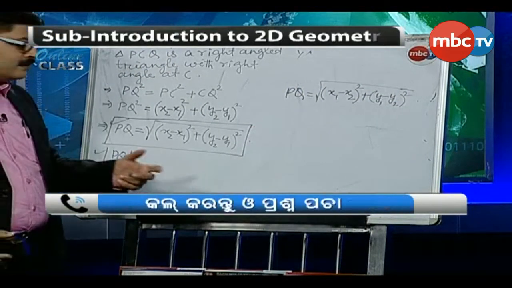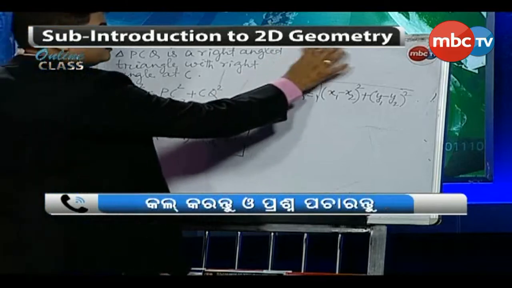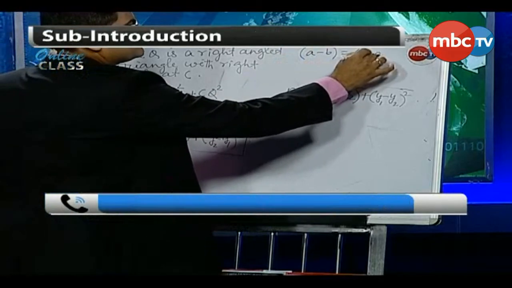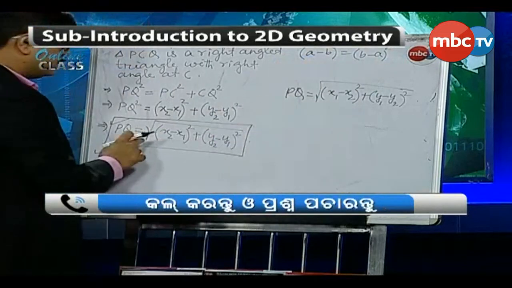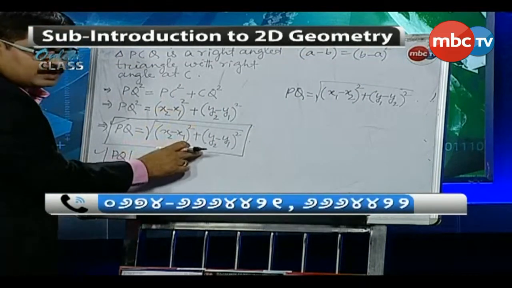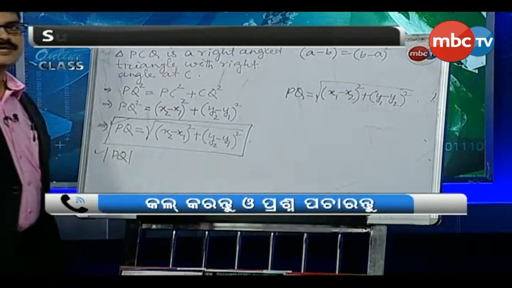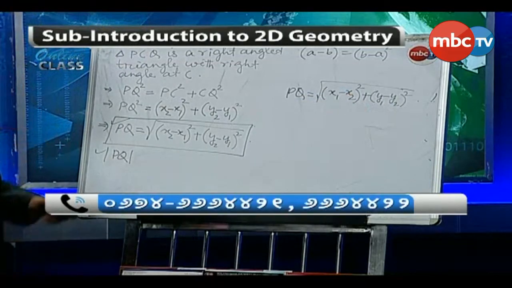Yes, we can write. Why? Because (a minus b) whole square is same as (b minus a) whole square. So, we can use this formula, or we can use (x1 minus x2) whole square plus (y1 minus y2) whole square. Both the formulas are correct.